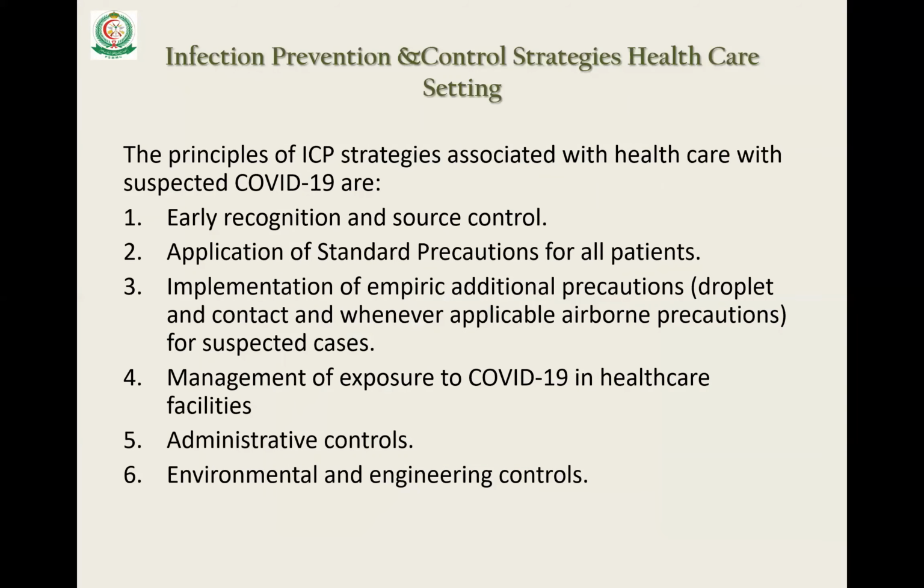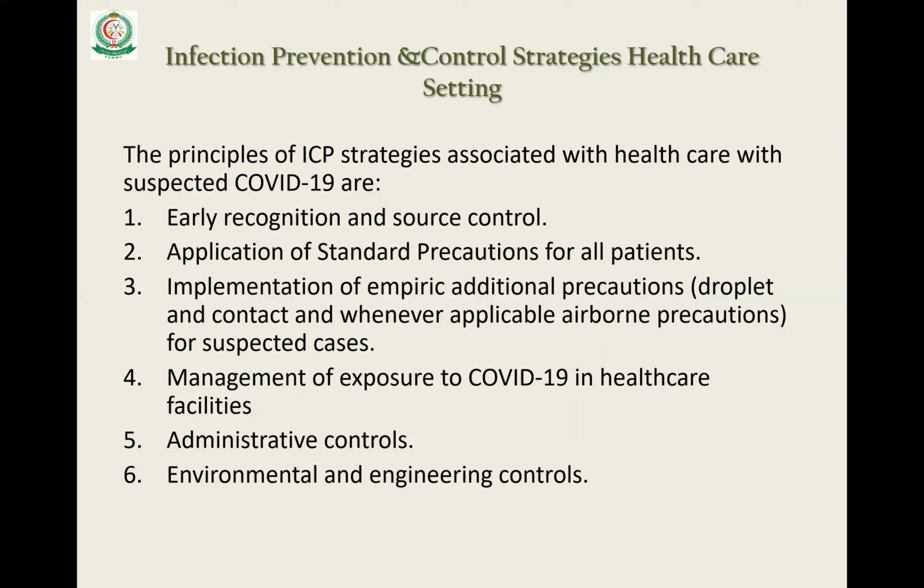So by now we know that the older age group and the comorbidities affect the complications and the mortality of the disease. The infection prevention and control strategies inside the healthcare setting, I'll just go briefly by enumerating them because you had a full lecture about it yesterday. Number one, it's very important to recognize the case.